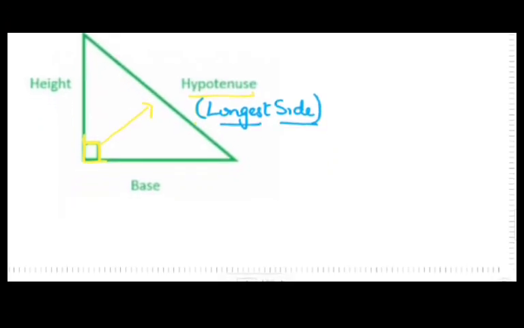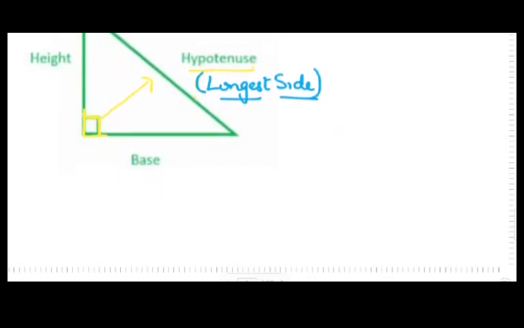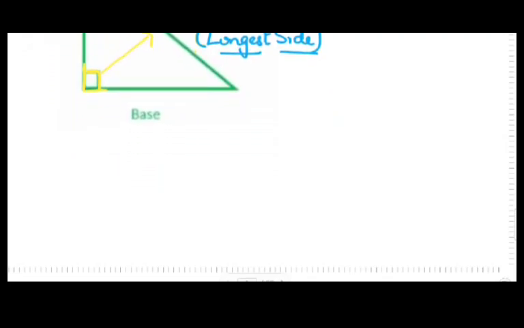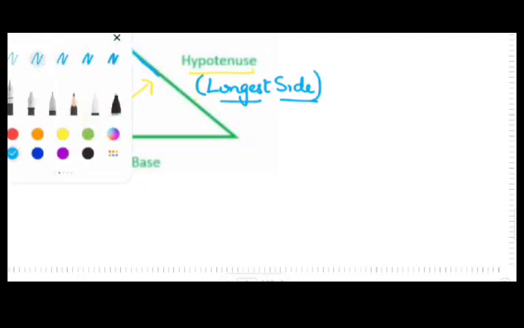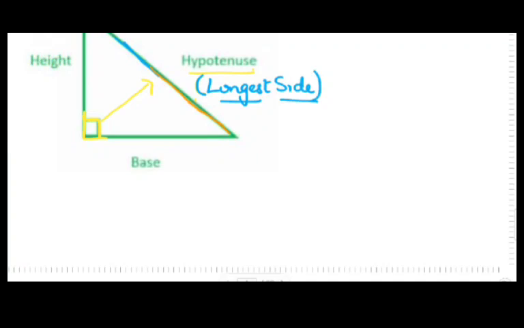So here's one basic formula to solve all Pythagoras theorem sums, and the formula is the hypotenuse. This is my hypotenuse. Yes, children, the longest side is my hypotenuse.